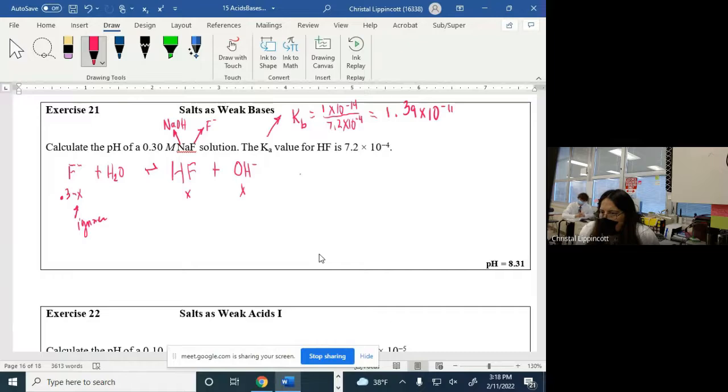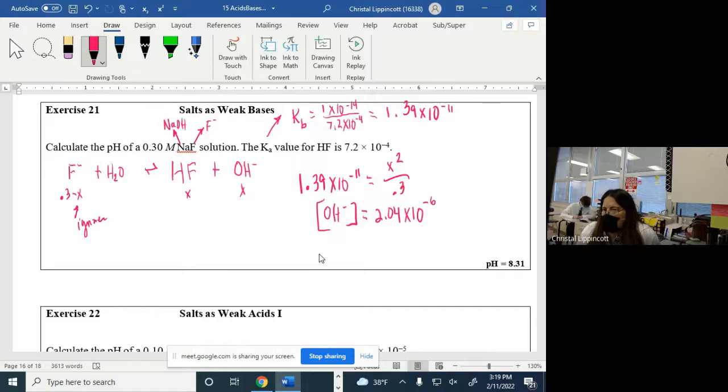So 1.39 times 10 to the minus 11 equals x squared over 0.3. Take the square root of that, and I've got my OH concentration equaling 2.04 times 10 to the minus 6.